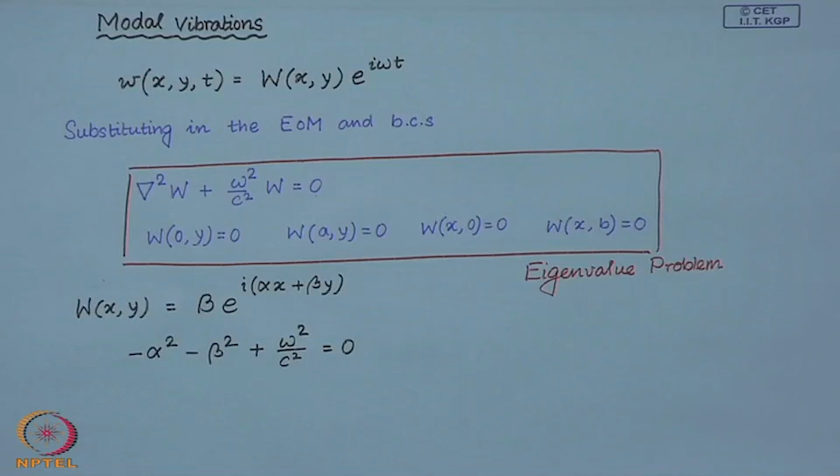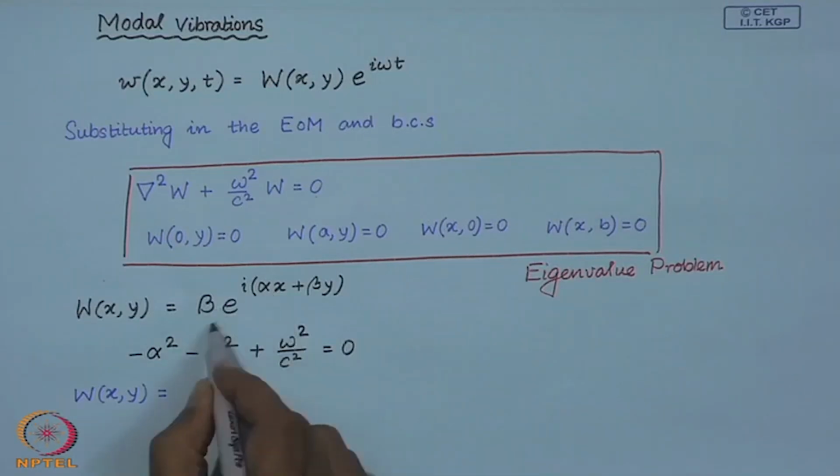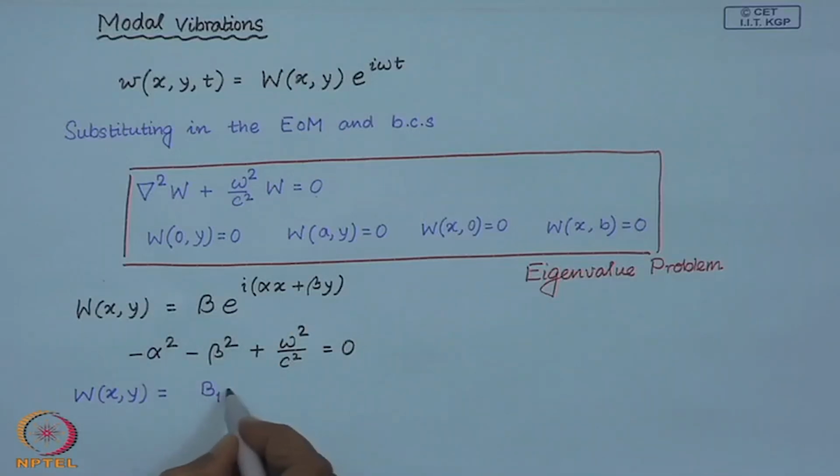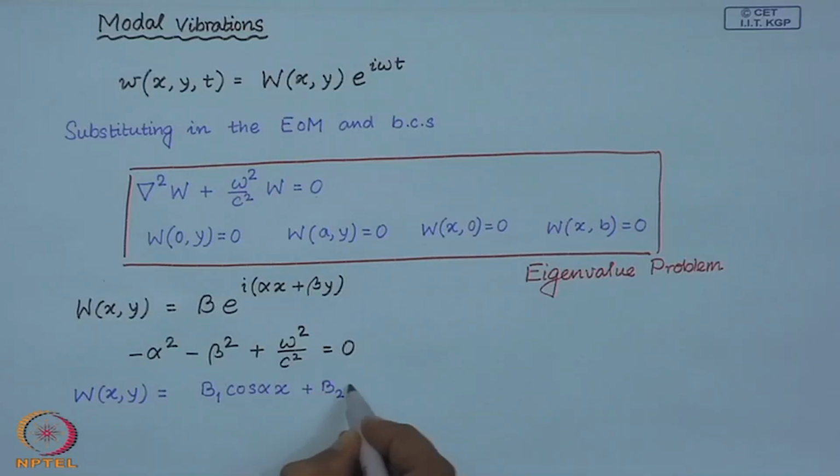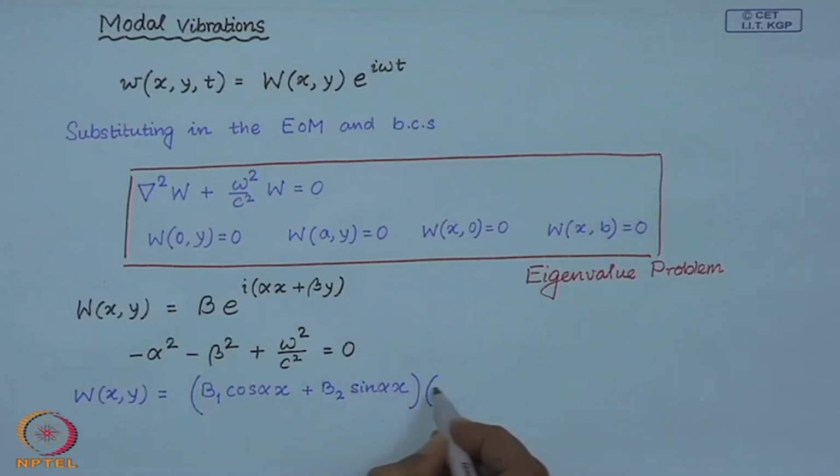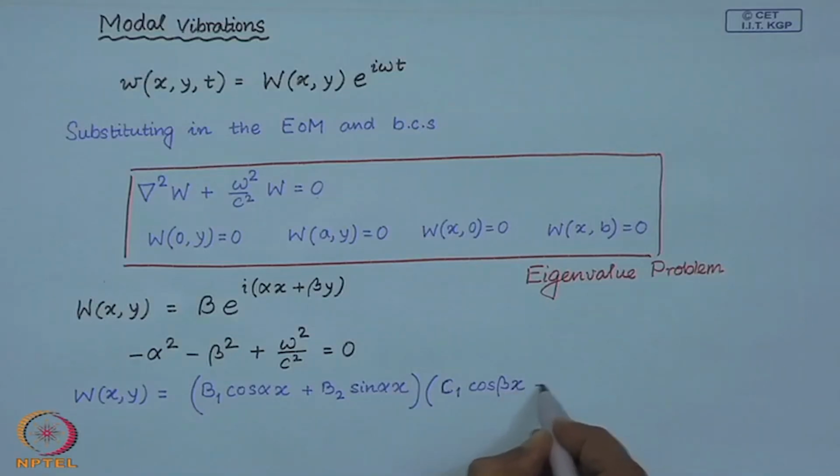So, we expect the solution in the form, let us say, since we have considered separable solution even in x and y, I can write this in x and this is y.